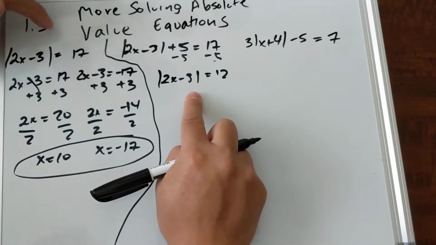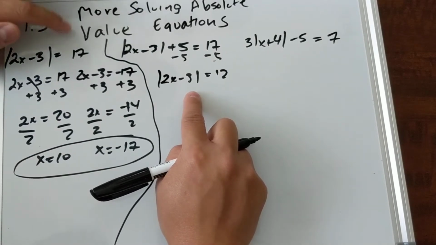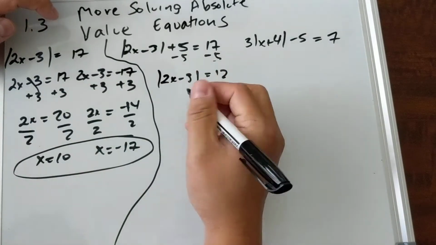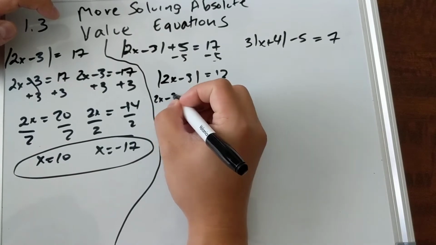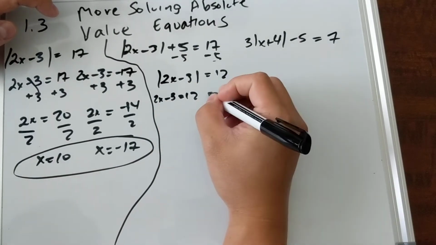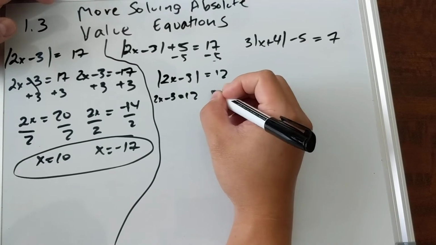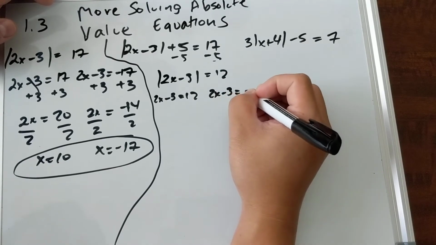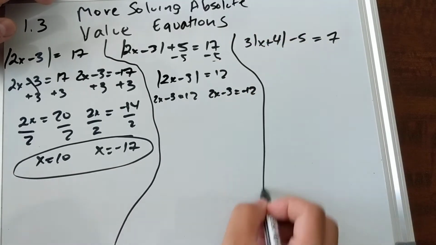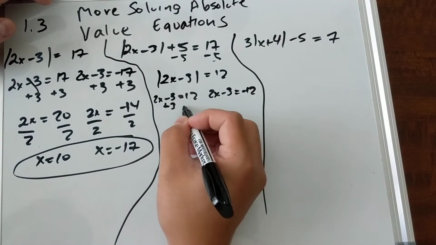You can't get rid of them yet because I haven't done any splitting. And now this equation looks almost exactly like this one. And I can do exactly what I did here, which is now I'm going to split it up into my two equations. So 2x minus 3 equals 12, 2x minus 3 equals negative 12, right? So again, I'm just going to solve here, plus 3.